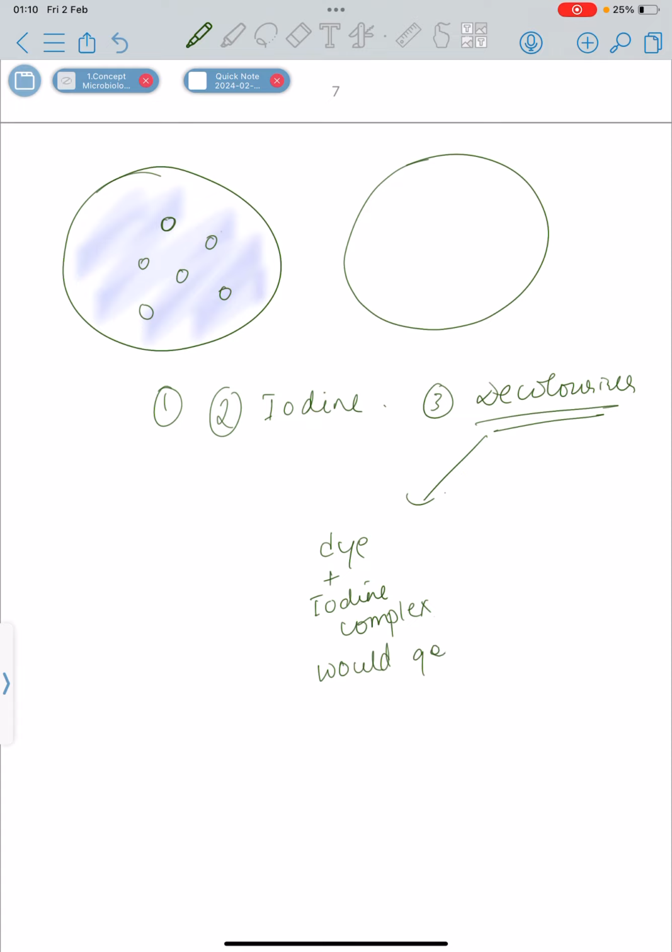Would get removed normally, and all the surrounding structures would also get decolorized.